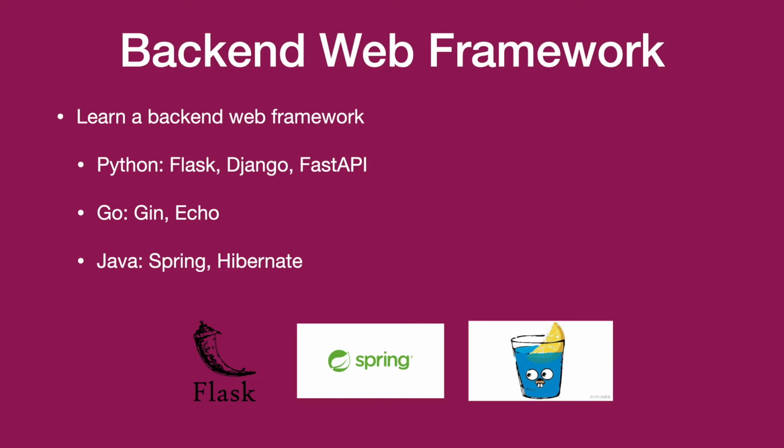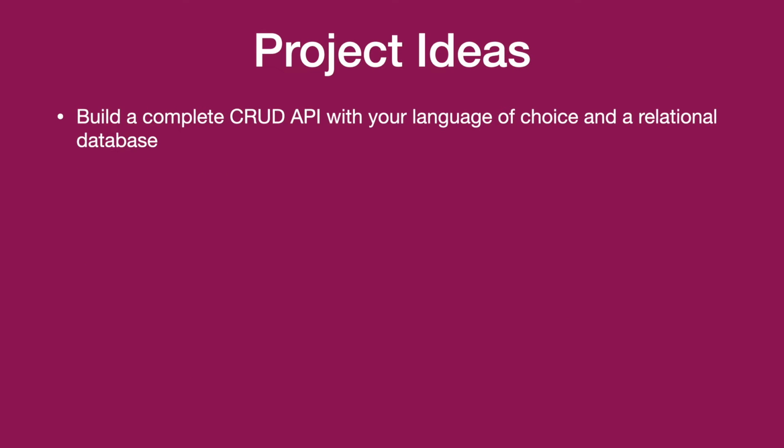What essentially a backend web framework is going to do for you is abstract away a lot of the more detailed understanding of how client-server works, and it's going to let you work with a much higher level API, which makes things much easier. Once you learn how the framework works, this is your time to build your first CRUD API.